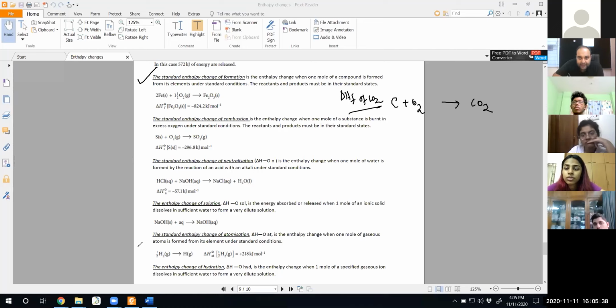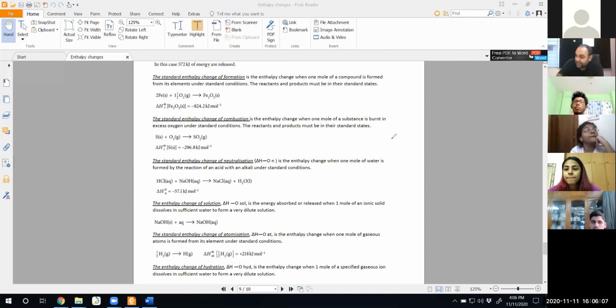We can, because enthalpy change of formation means whatever the reactant is, it doesn't matter. You're not concerned with the reactants. You're concerned with the product, when 1 mole of a product is formed from its constituent elements under standard condition.